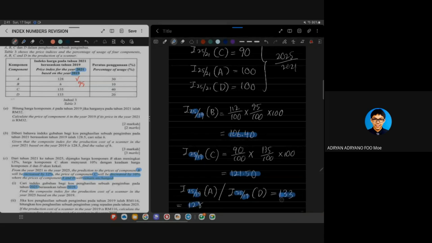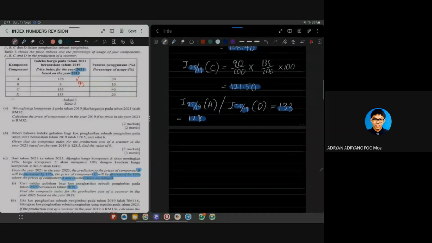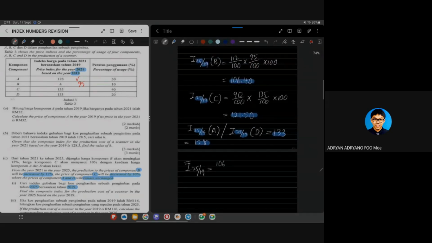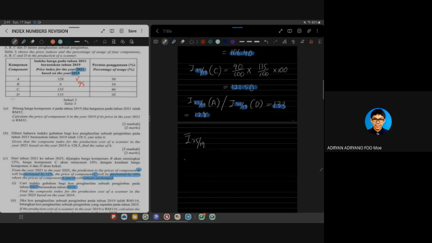Okay, so next, what do we do after we have found their respective index? We can find the composite of 25 per 19. So composite 25 per 19 equals to 128 times 30 plus, what is B?